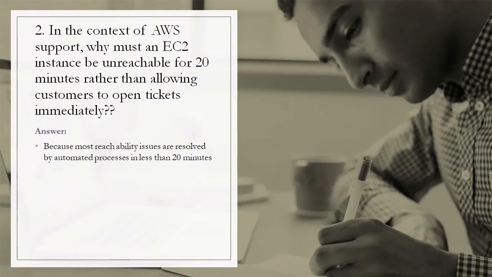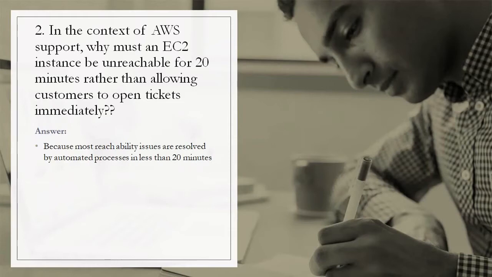Let's begin with the second question. In the context of AWS Support, why must an EC2 instance be unreachable for 20 minutes rather than allowing customers to open tickets immediately? The answer: because most reachability issues are resolved by automated processes in less than 20 minutes.